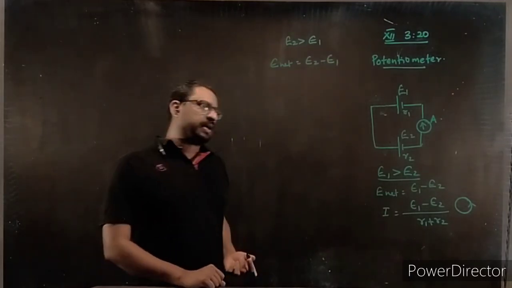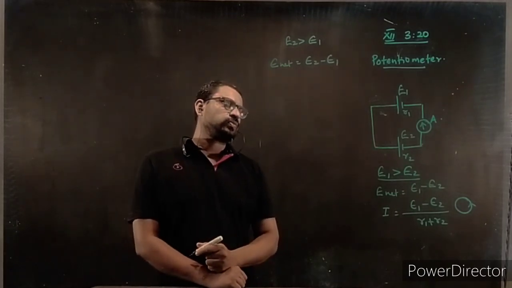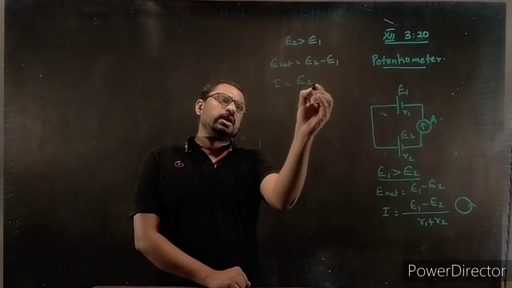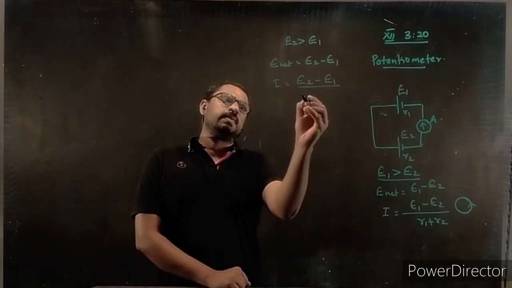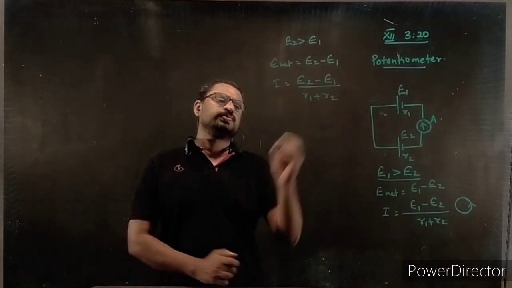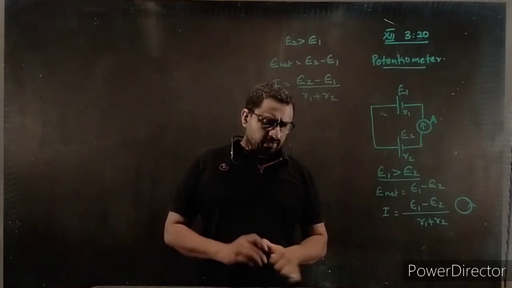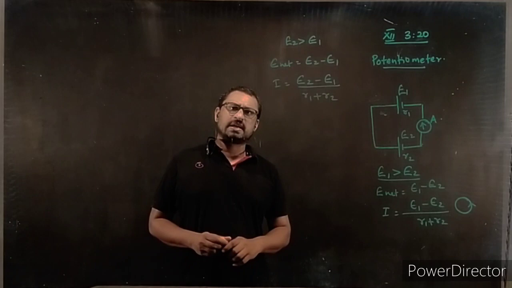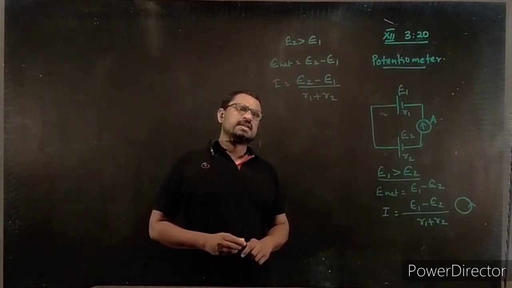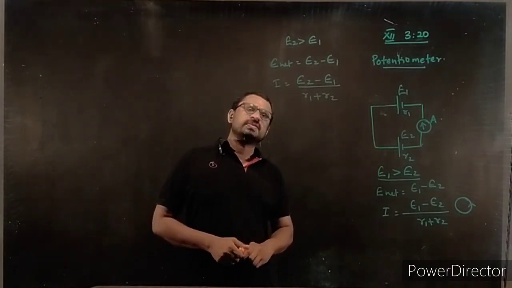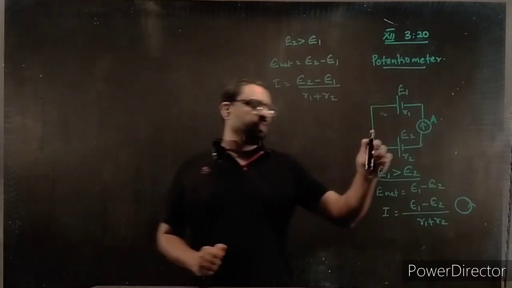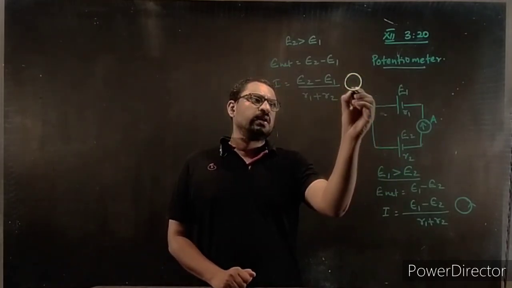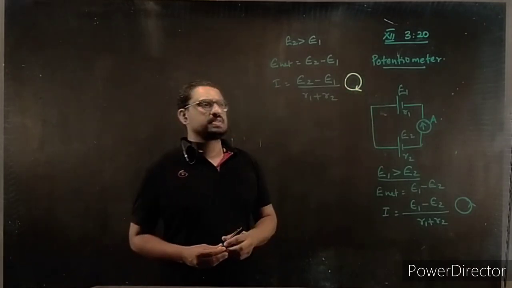Net EMF will be E2 minus E1, and current will be equal to E2 minus E1 divided by R1 plus R2. That current will be determined by E2 only, so the current will be clockwise.